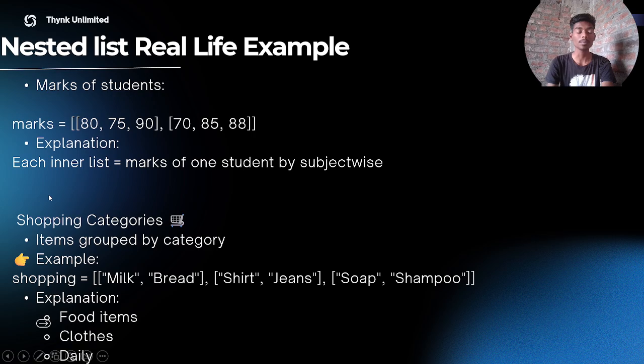It is also used in a shopping category, with items grouped by category. Like if we want to store milk and bread, breakfast items, they will be stored in one list. And if we want to store clothes and daily needs, they will be stored in another list.